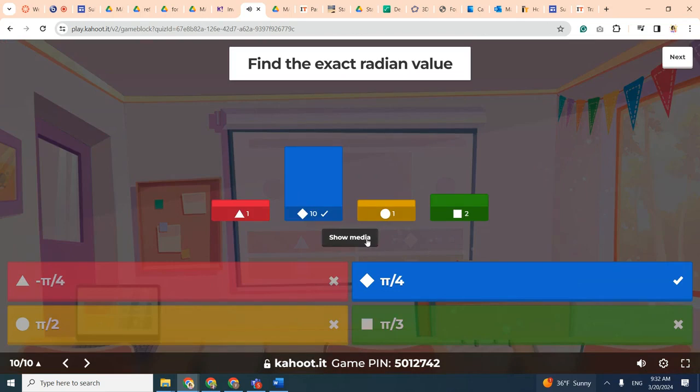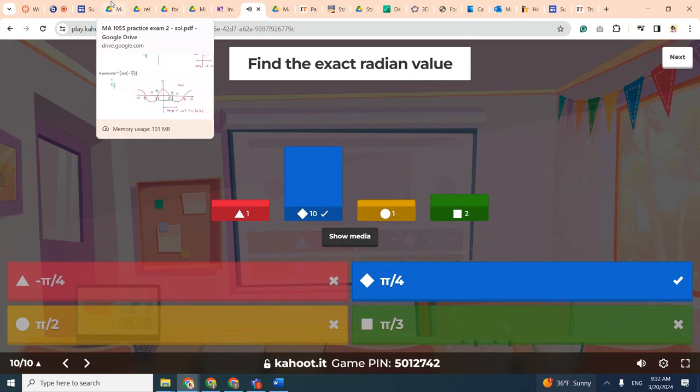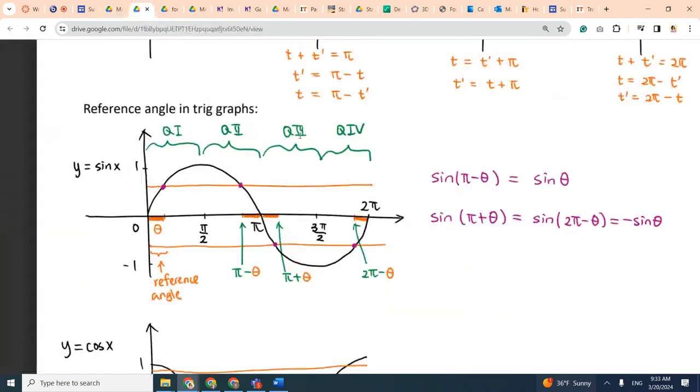Okay, yeah, pi over 4. Let's see, where is it? Yes, here, root 2 over 2 is pi over 4. But if I tell you negative root 2 over 2, then your answer will be negative pi over 4. Okay, everybody?